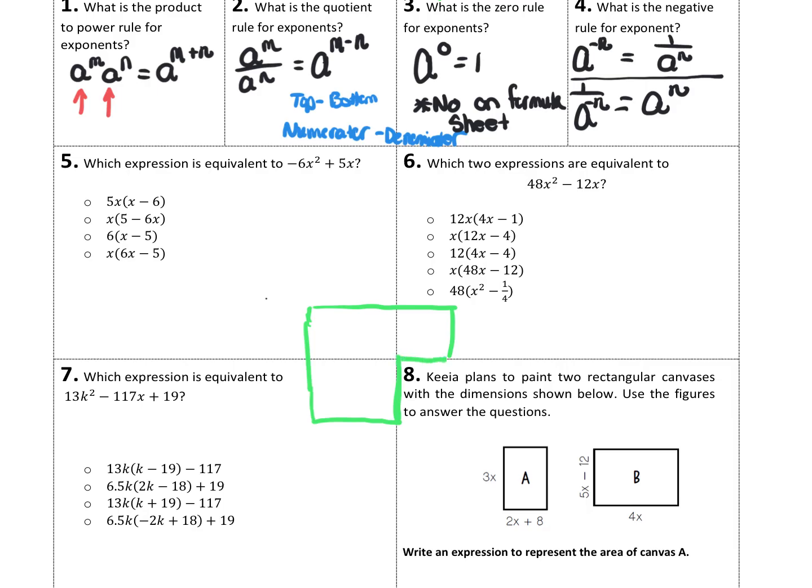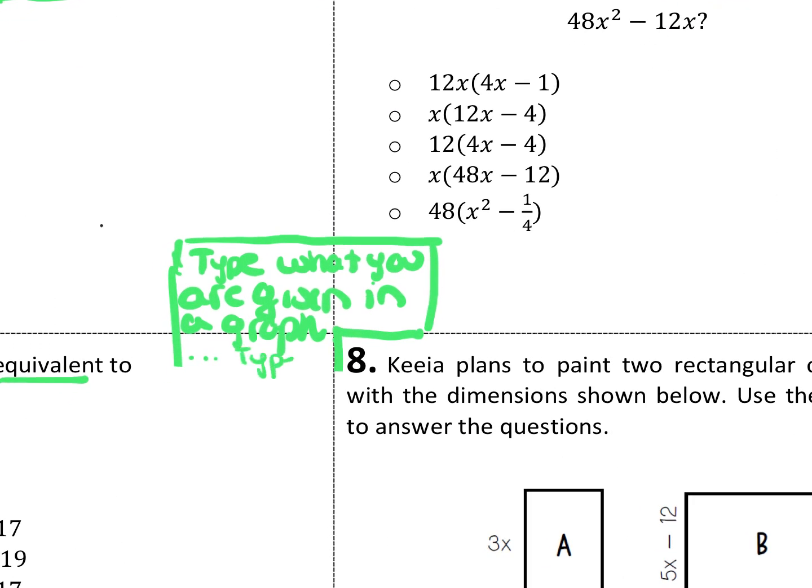On these 3, because it says this magic word, equivalent, type what you are given in a graph, and then type each answer into the graph until you find the match.